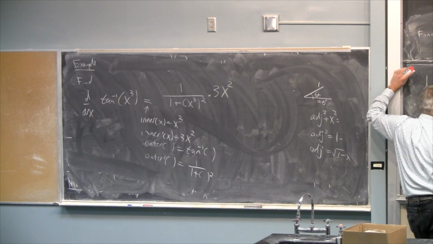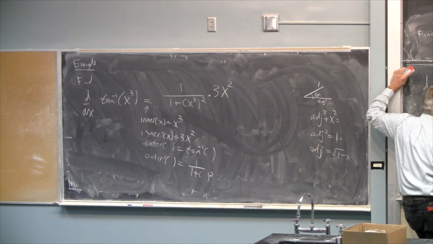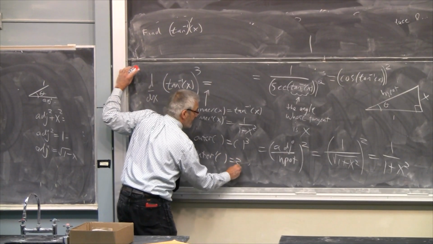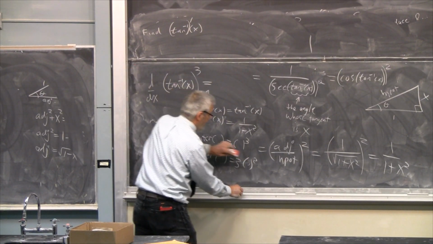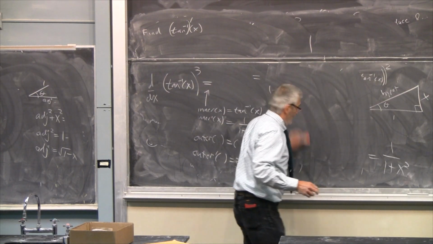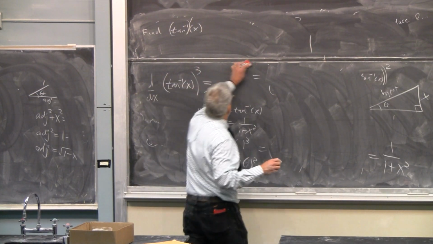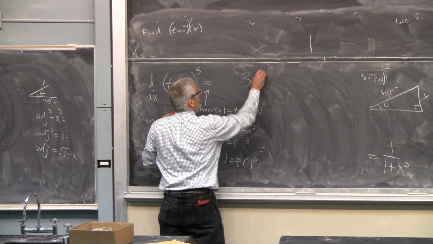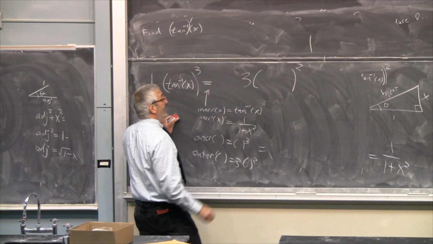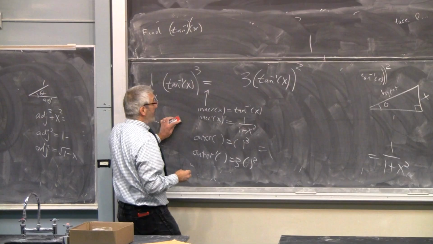My outer function is empty, it's parentheses cubed. So my outer prime is 3 parentheses squared. So when I put all this stuff together, I have to get my outer prime, which is 3 times parentheses squared. I have to put my original inner function back in there. And then I have to multiply by my inner prime.